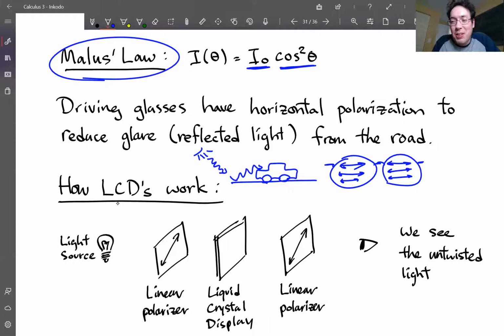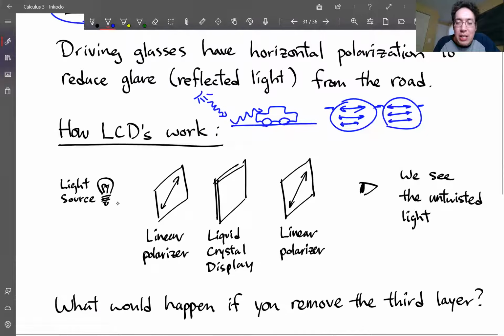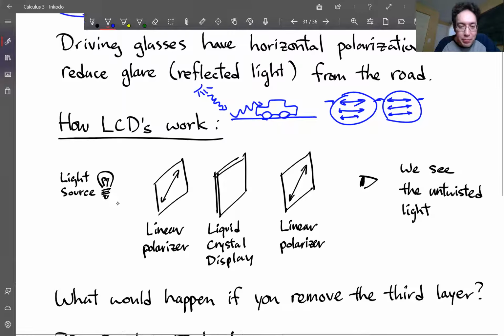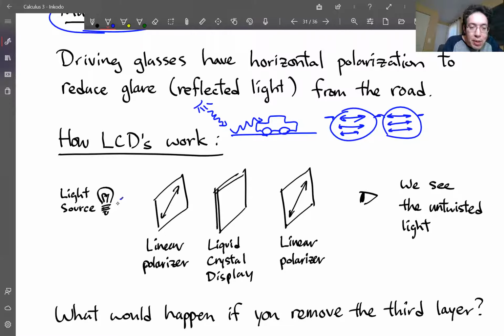So let's now talk about LCD screens. LCD stands for liquid crystal display, and usually it comes in 3 different layers. Behind the screen, there's some light source. Let's imagine we're looking at a laptop screen.